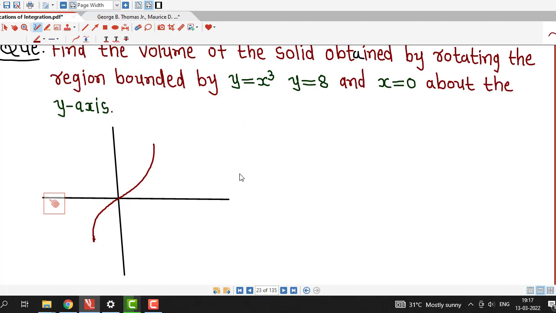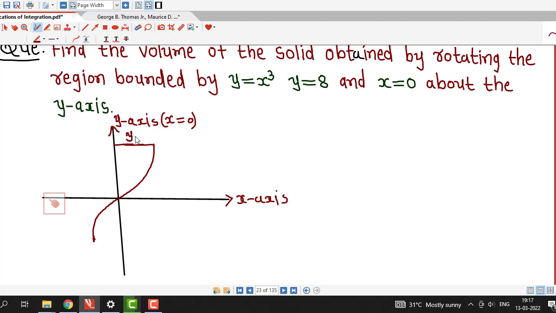We are interested in the region bounded by y equal to x cube, y equal to 8 and x equal to 0. X equal to 0 means y-axis, and y equal to 8 is the line parallel to x-axis. So we consider this much distance as 8.